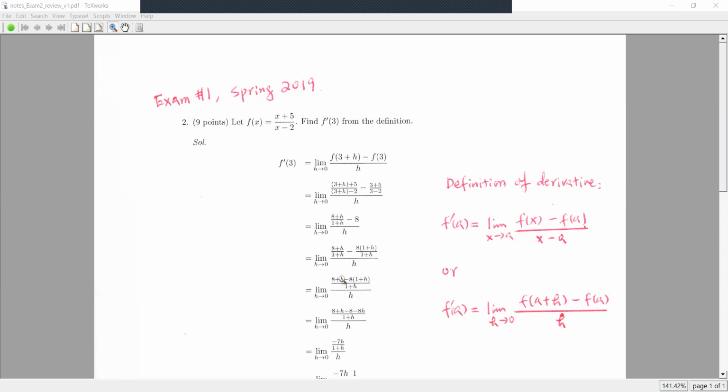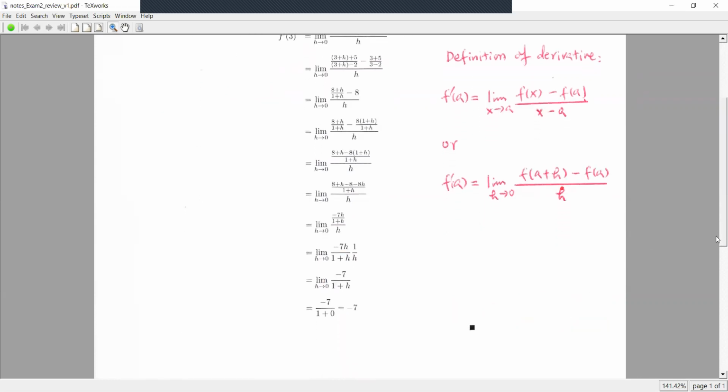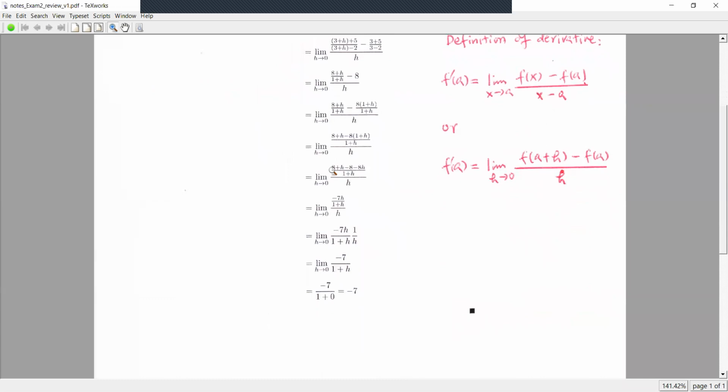Now, distribute the negative sign, negative 8, to 1 and to h. Then I have this equation. Cancel the number 8, and h minus 8 times h is negative 7 times h. Then I have this equation.